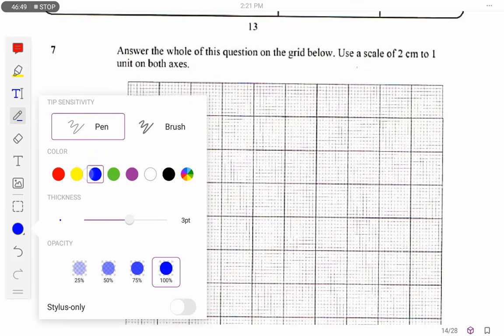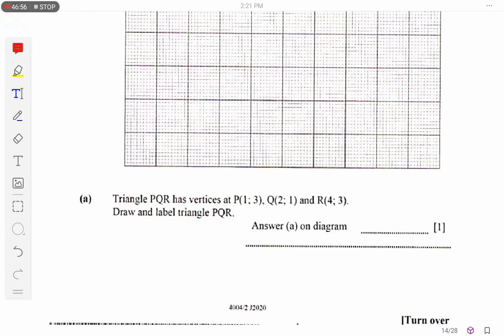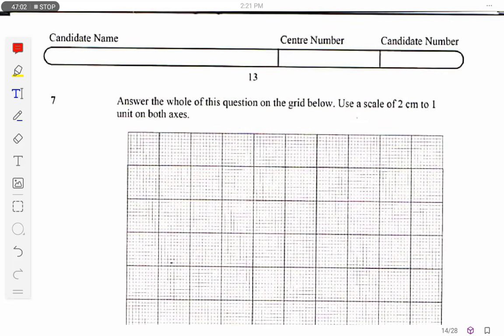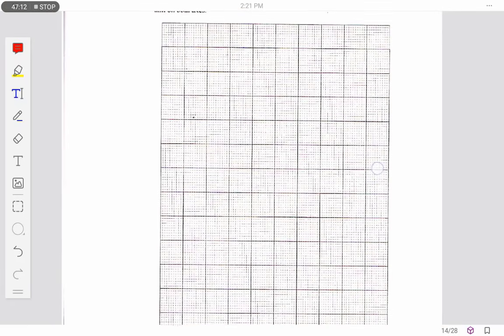Number 7 is saying that we are going to use this scale here to draw. Triangle PQ has vertices. The first thing is to know the grid. We are using 2 centimeters to 1, so it's going to be 1, 1, 1, 1, 1, 1 for all axes. Let me try to reduce this so that I can fit it here.